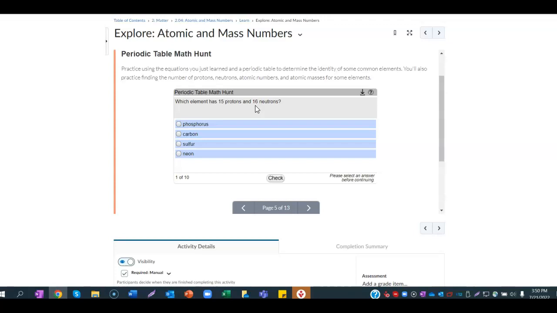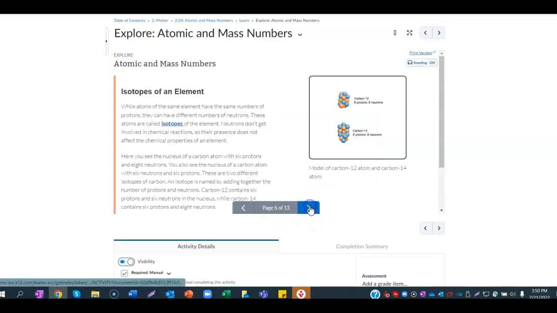And from there, you're able to answer the question. Did I do that right? 15? Or did I look up 16? It's phosphorus. Sorry. Phosphorus. So check. And you can go through and practice, and this will help you get more familiar not only with the periodic table, but being able to answer all these types of questions. So don't skip that.